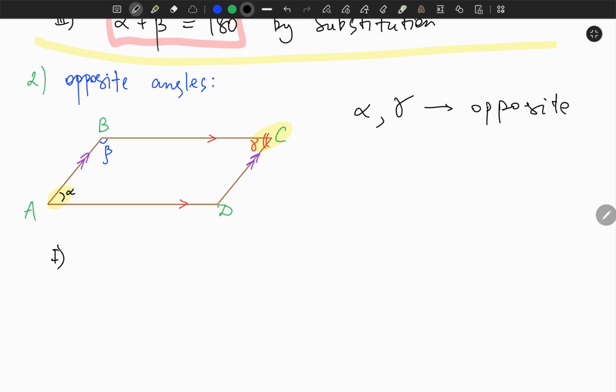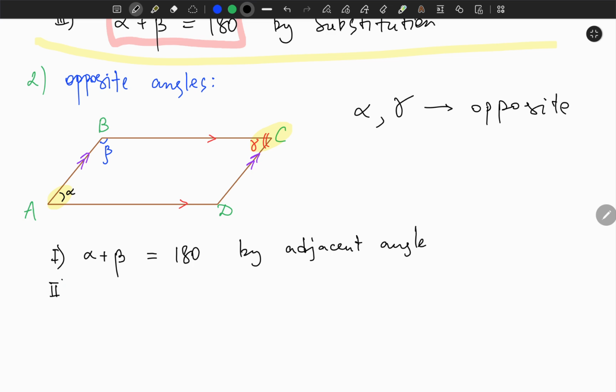First, for C, the adjacent is going to be B. Let's start with alpha plus beta is 180 by adjacent angles.